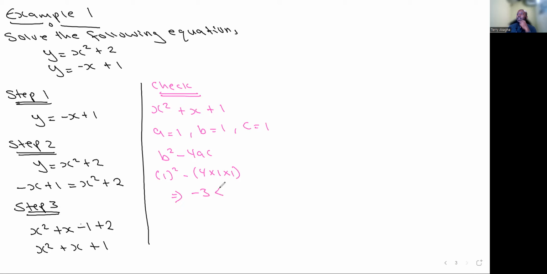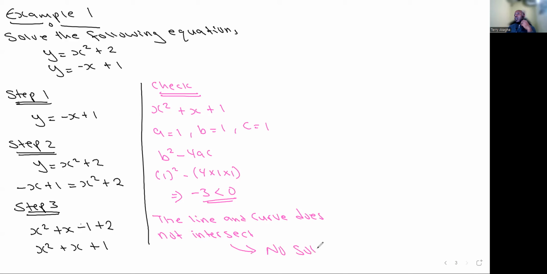So minus 3 is less than 0, and because it's less than 0, it means that the line and the curve do not intersect. Hence, no solution.